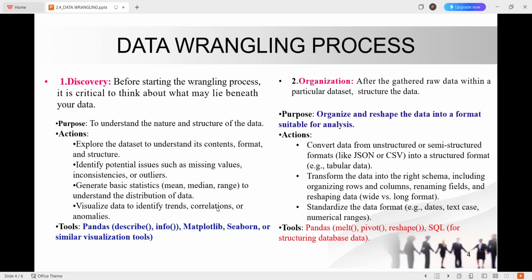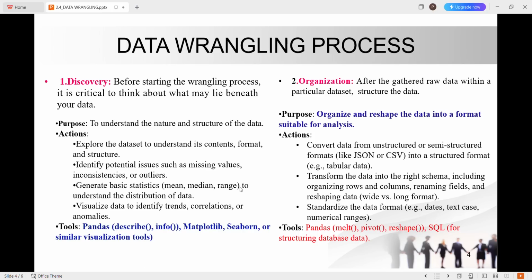In data discovery, the usual tools used in pandas are describe or info, and for visualizing we can go for matplotlib or seaborn or any other visualization tools.